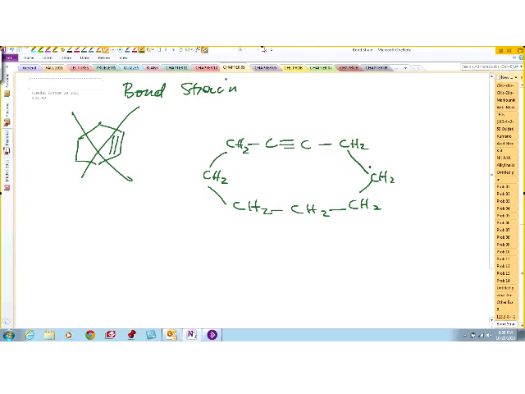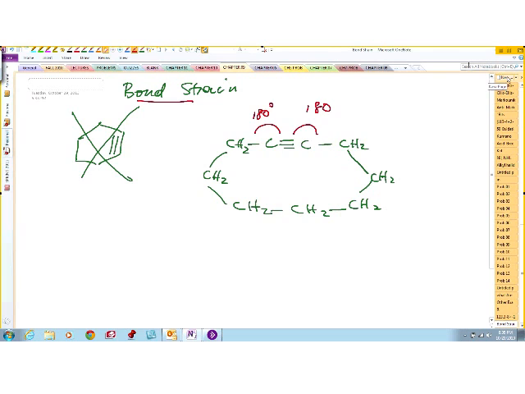So you could have a cyclic alkyne as long as you have more than 8 carbon atoms in that molecule, because the shape allows a bond angle of 180 degrees here, and another 180 degrees here. However, in a small cyclic molecule, you cannot have an alkyne because of the bond strain.